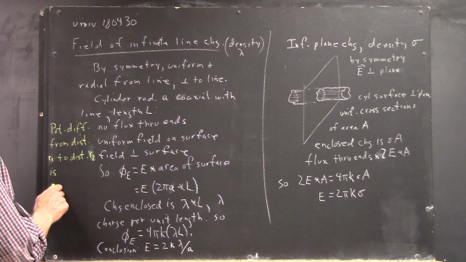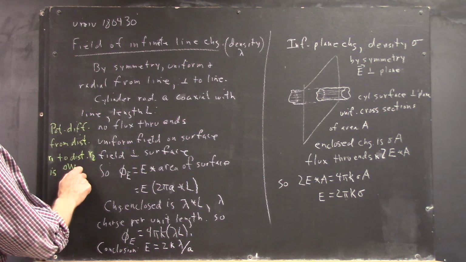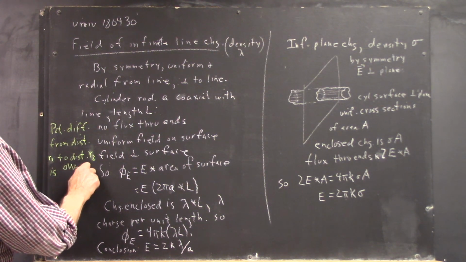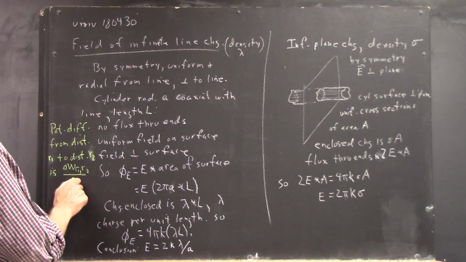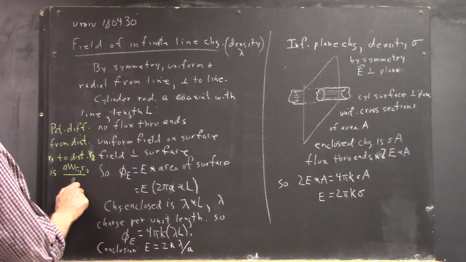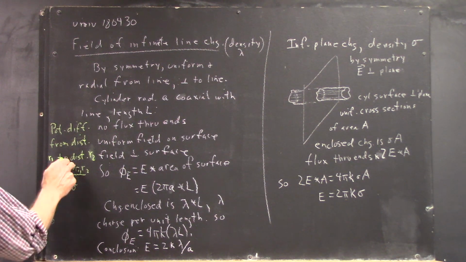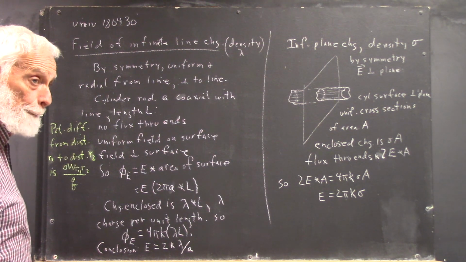It's delta W from R1 to R2 divided by Q. In other words, the work done on charge Q from position R1 to R2, right?